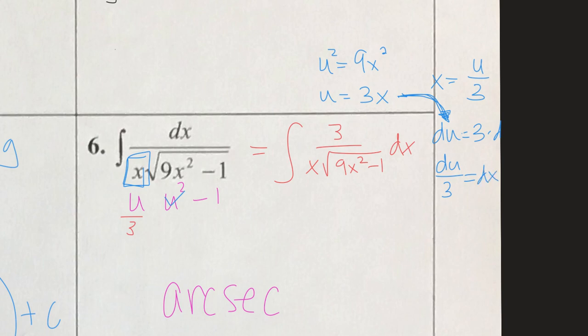Okay, so if we do our u substitution, we have 1 over u over 3, because that's what x equals. So x is u over 3, times the square root of u squared minus a squared, times our dx, which was du over 3.